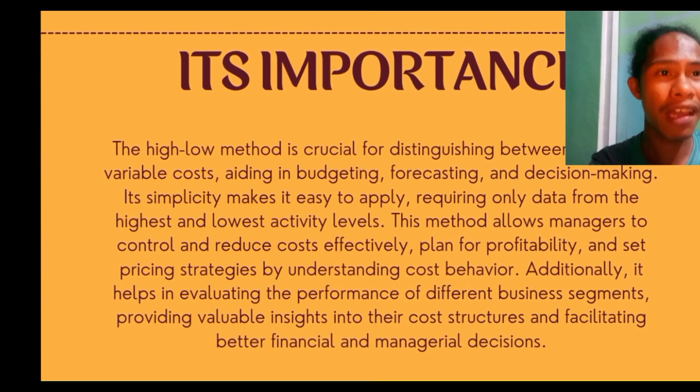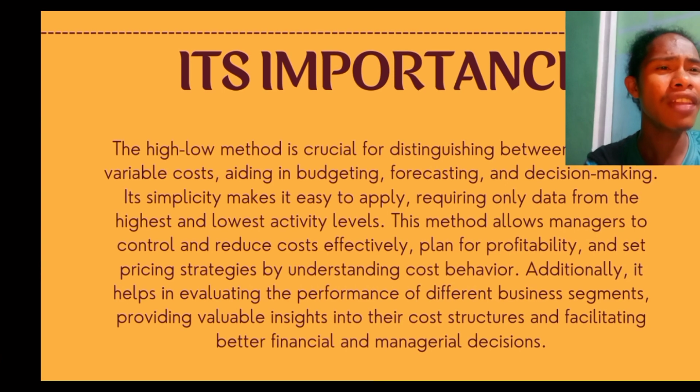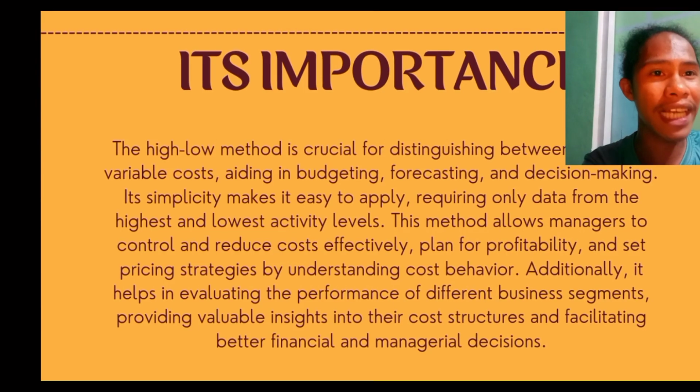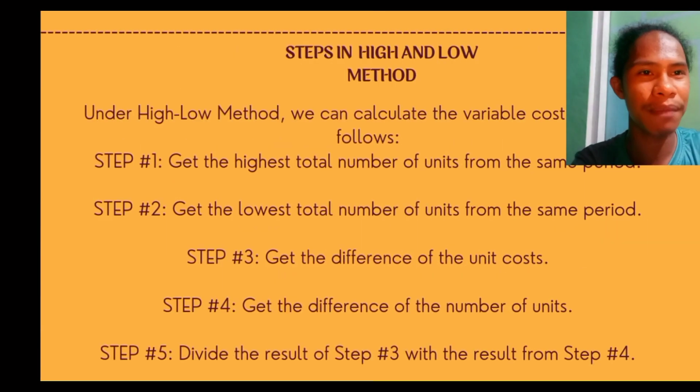So this method allows managers to control and reduce costs effectively, plan for profitability, and set pricing strategies by understanding cost behavior. Additionally, it helps in evaluating the performance of different business segments, providing valuable insight into their cost structures and facilitating better financial and managerial decisions.